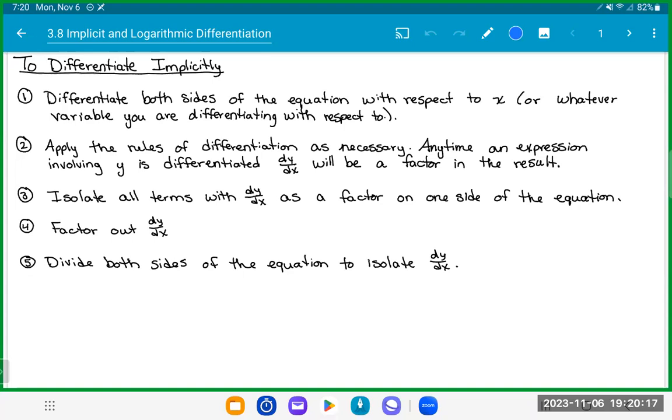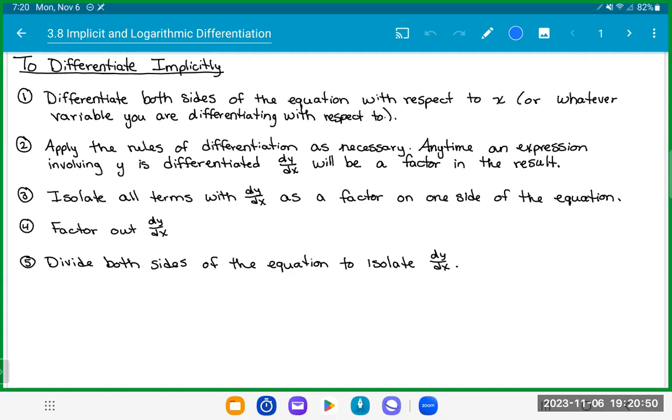Typically in this class, it's usually either an x or a t for time. Once you've differentiated both sides with respect to x, you want to apply the rules of differentiation. And anytime an expression involves a different variable, in this case y, you need to know that dy dx will be a factor in the result.